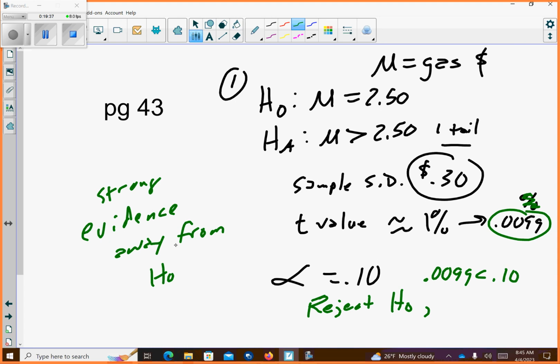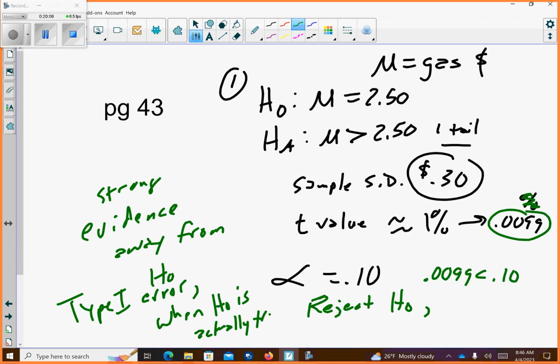If we reject the null, we could have a type 1 error. Type 1 error would conclude that we're rejecting the null when the null is actually true. So that's basically what we had to do there.